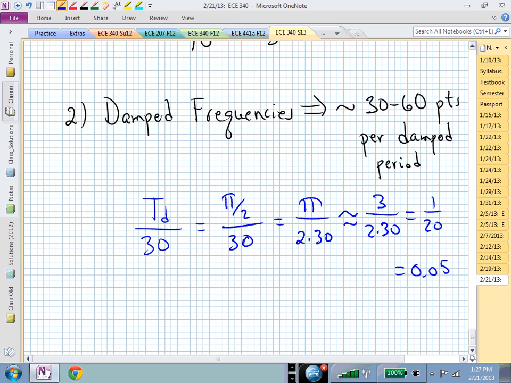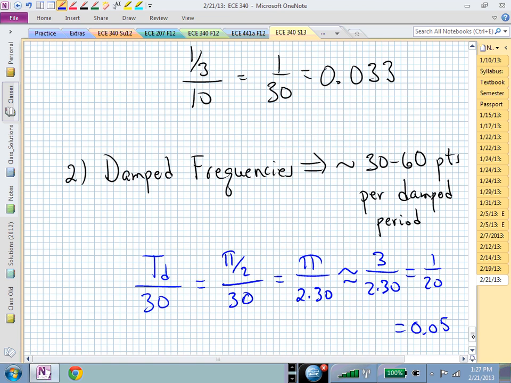And if we were just wanting to sample e to the minus 3t cosine of 4t, we would pick the smaller of the result that we just found. Meaning we have one piece of this process saying you need to sample at 0.05. The other piece is saying you need to sample at 0.033.